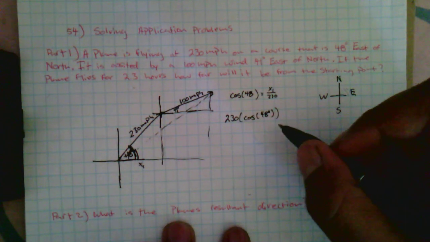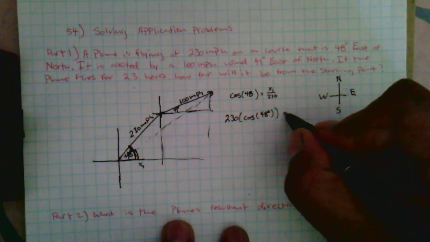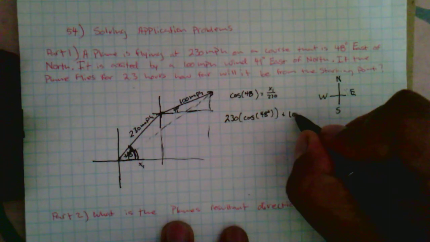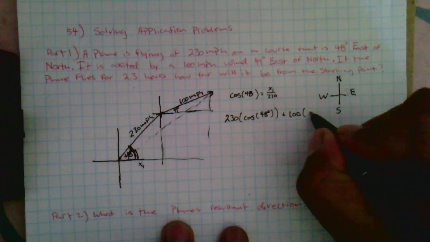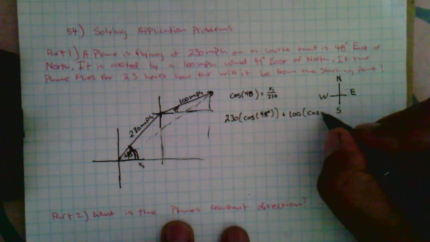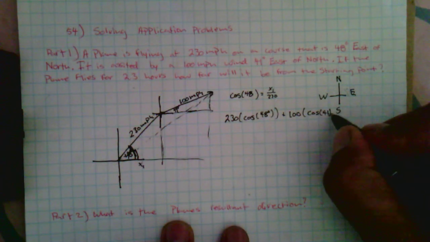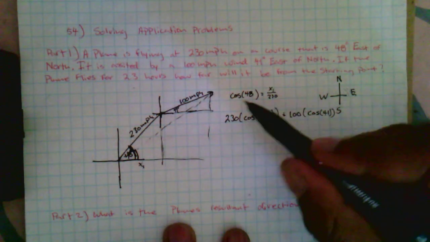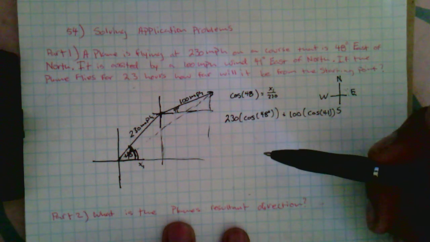And we're going to add the other one, and it's going to be 100 times cosine of 41 degrees. Right, so that's what the other one is going to be for that one.